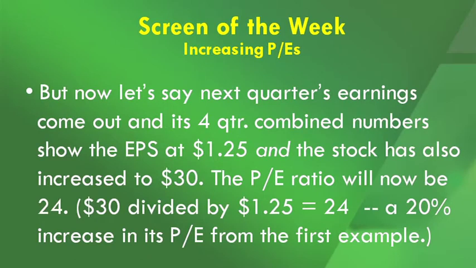Okay. Now let's say next quarter's earnings come out and its 4-quarter combined numbers show EPS at $1.25 and the stock has also increased to 30. The PE ratio will now be 24. 30 divided by 1.25 equals 24. That is a 20% increase in its PE from the first example.